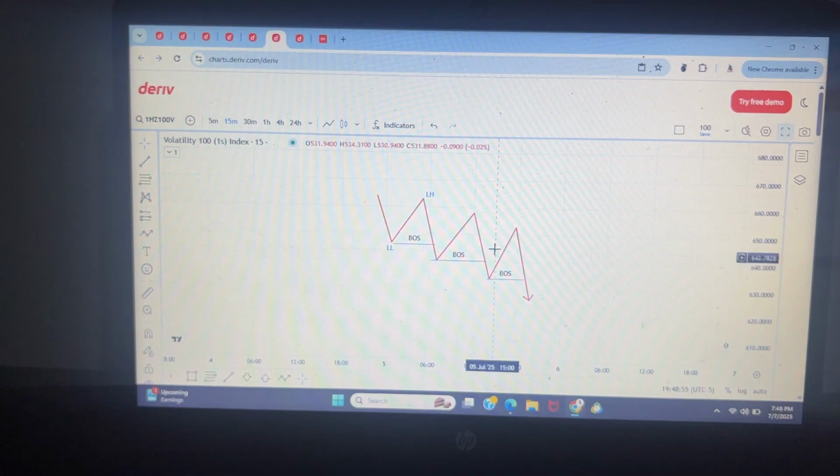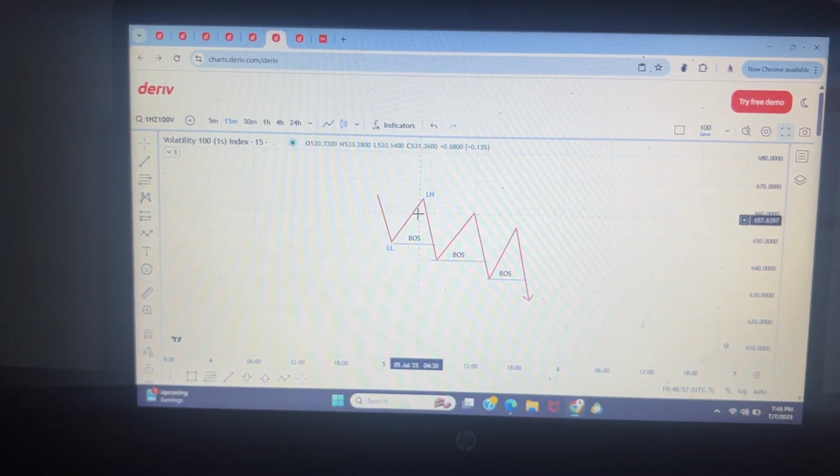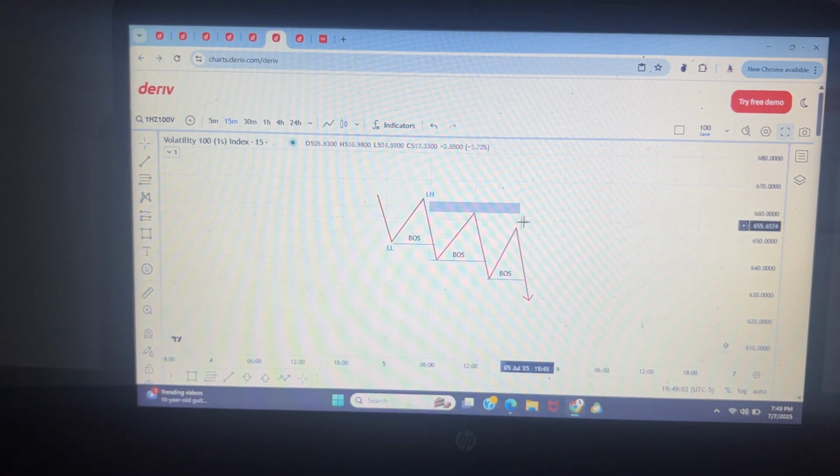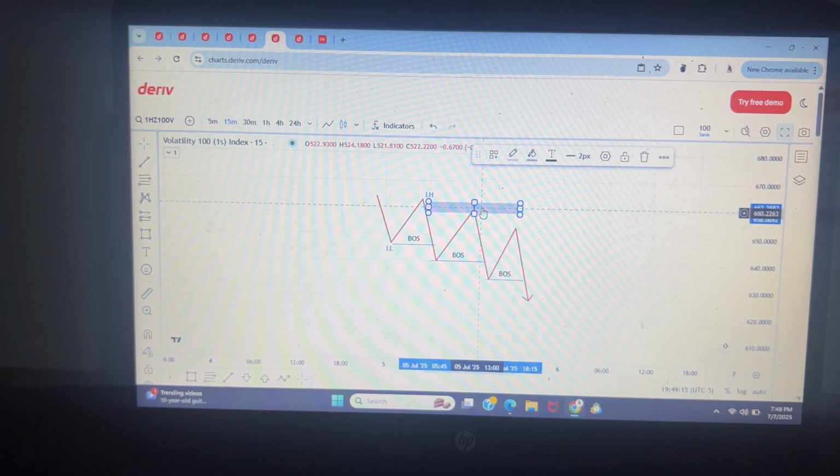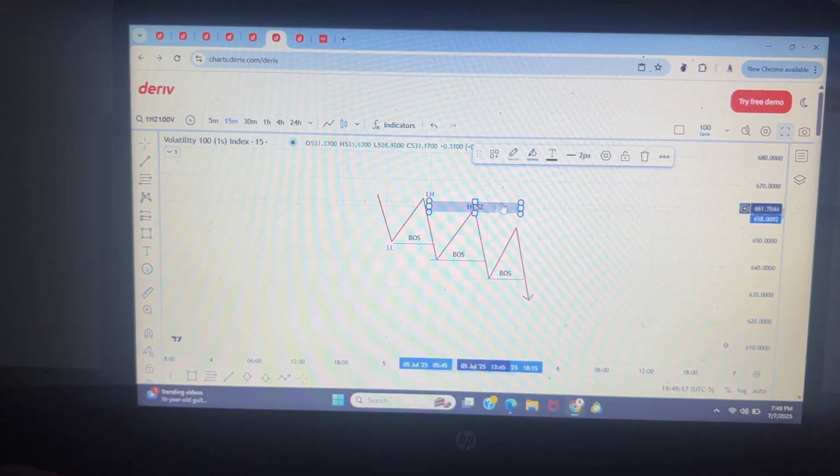So when you get a break of structure, you look for price to retrace back to the supply zone right here. Some supply zone will be right there. We're in the 1-hour time frame as usual, looking for the 1H supply zone.